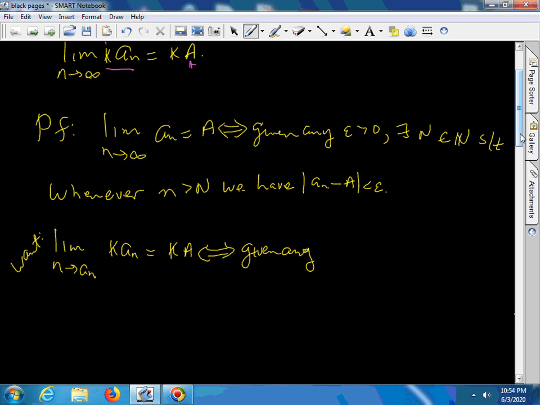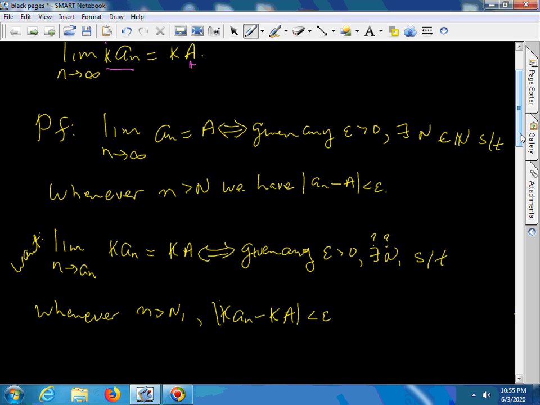Given any epsilon greater than 0, there exists an N, which we don't know if this N exists, there exists, say, an N1, such that whenever n is bigger than N1, k times a sub n and k times a, their difference is small. The absolute value of k times a sub n minus k times a is less than epsilon.